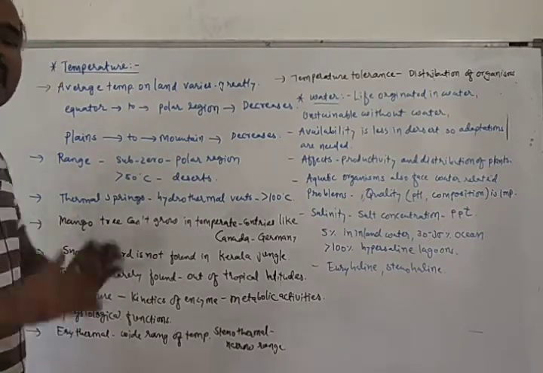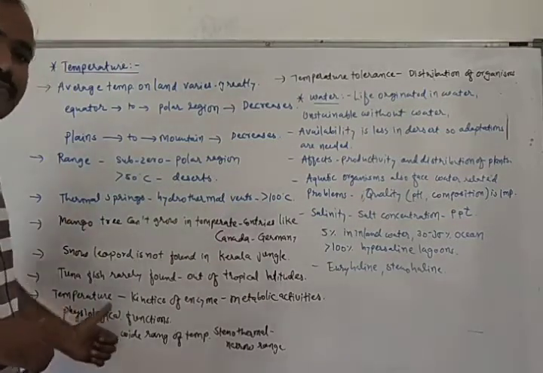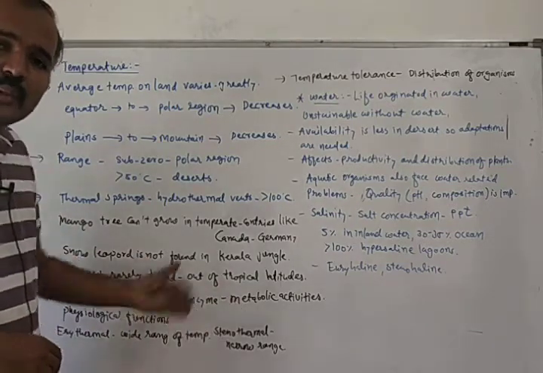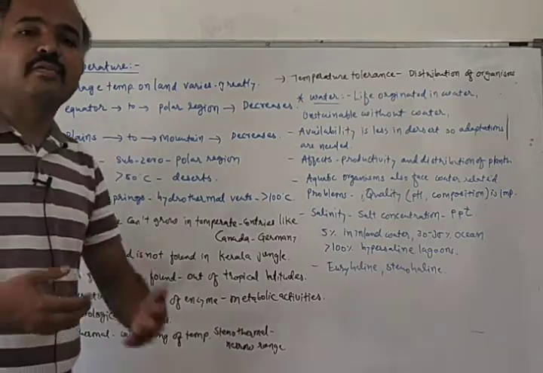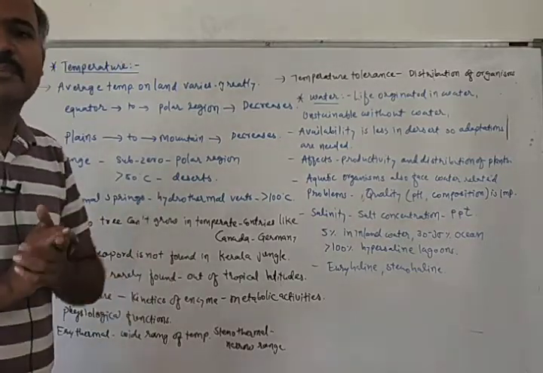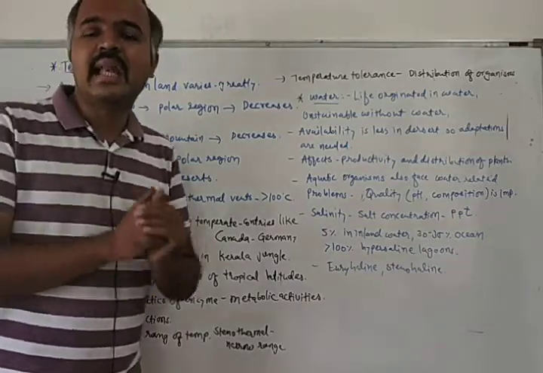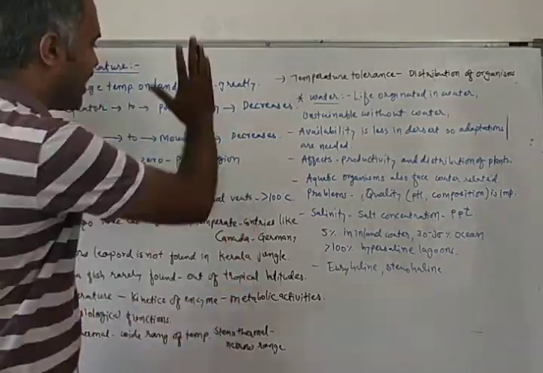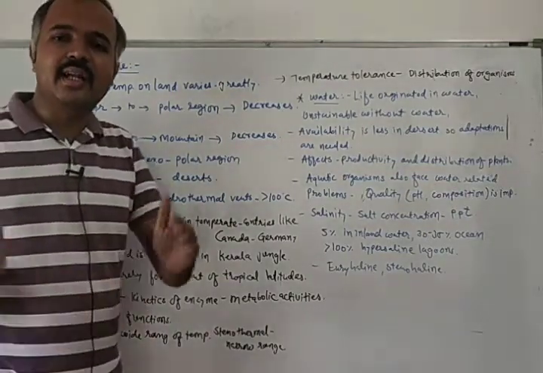Temperature affects enzyme kinetics, metabolic activity and physiological functions. Eurythermal organisms tolerate a wide range and stenothermal organisms a narrow range, and their temperature tolerance determines their distributional range. In this manner, we have covered the first abiotic factor of the habitat, that is temperature.